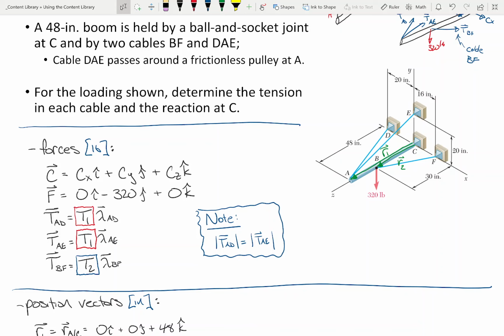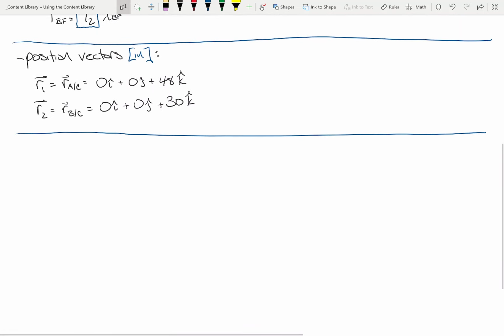It's going to be a lot of calcs, but it shouldn't be anything that's all that confusing. All right, let me recopy these here so that I don't have to scroll like crazy.